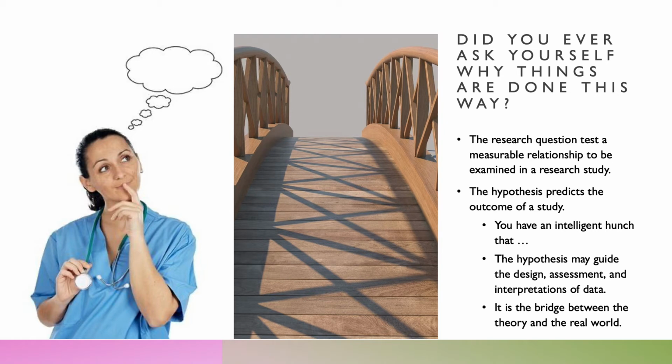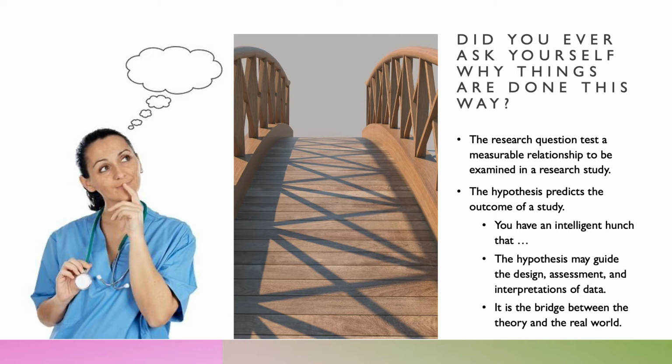Did you ever ask yourself why things are done this way? One of the purposes of your research question is to test measurable relationships examined in a research study. As review, the hypothesis predicts the outcome of a study. So, you have an intelligent hunch about something that is happening with your clients or your patients, or even with the interaction of nurses.